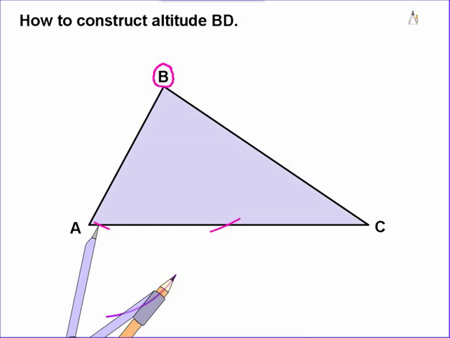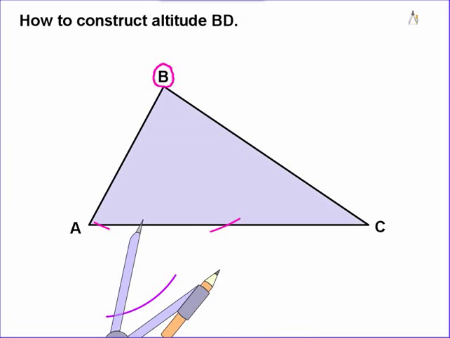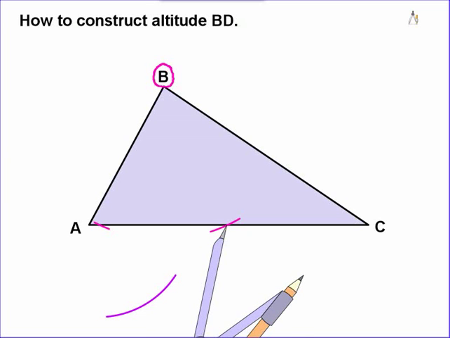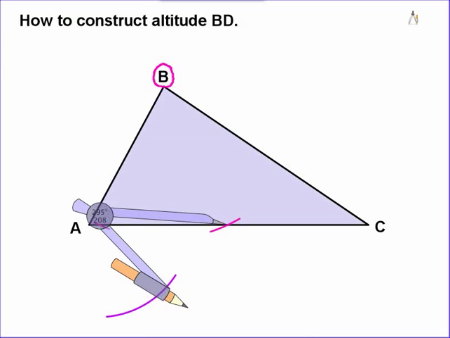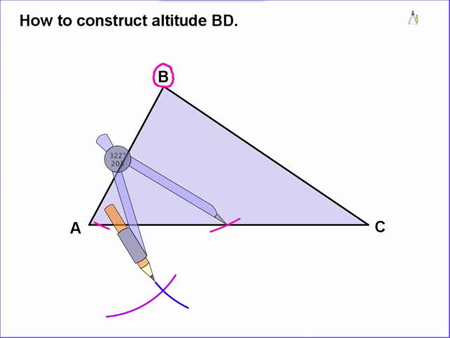Now, I only have to swing in one location here because I already have a point above the line. I have B. So I'm only going to swing low here. Then I'm going to put my compass on the exact same point for the second arc, and swing my compass this way.